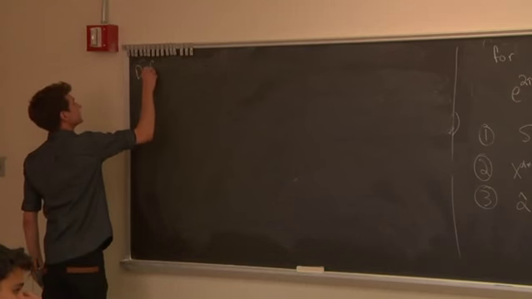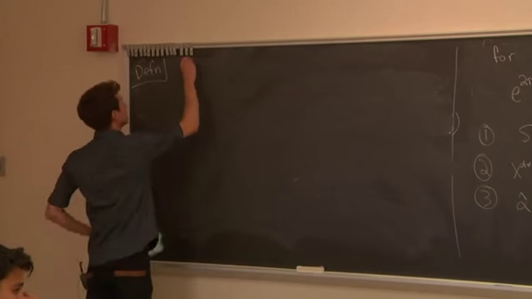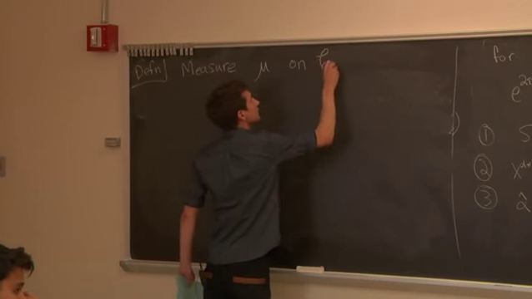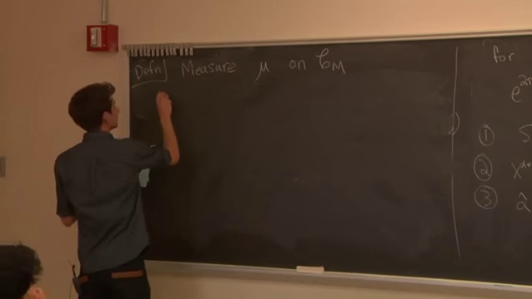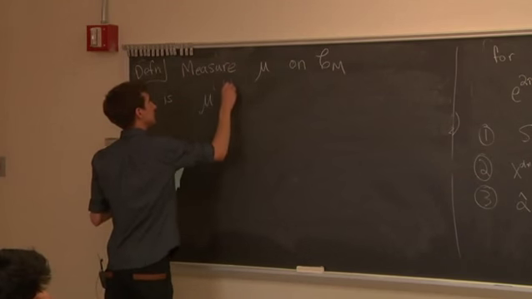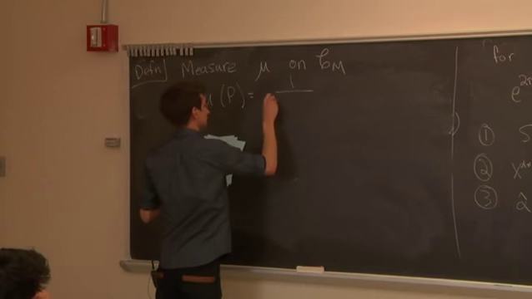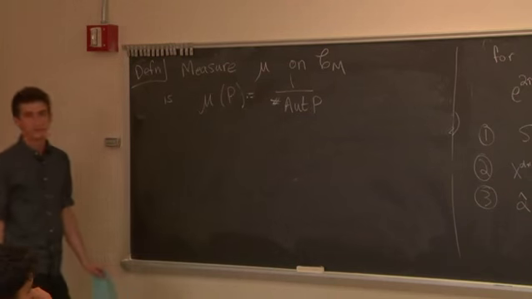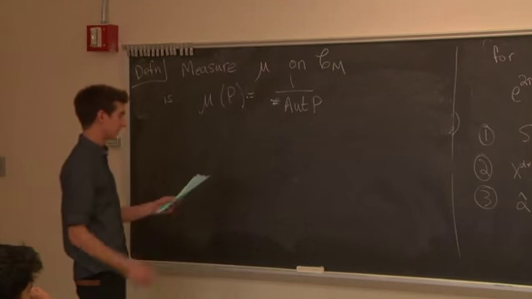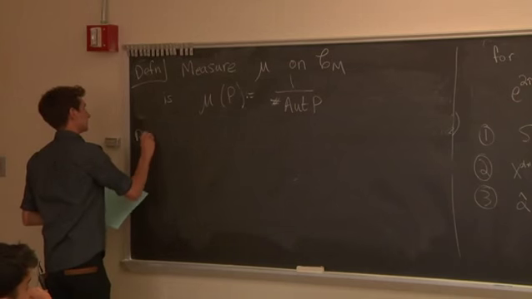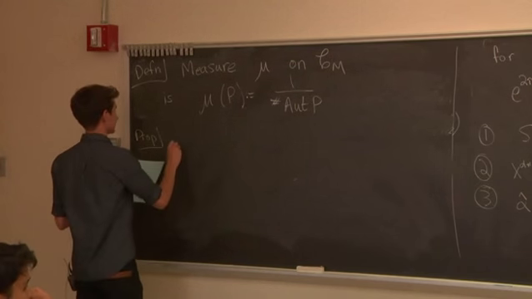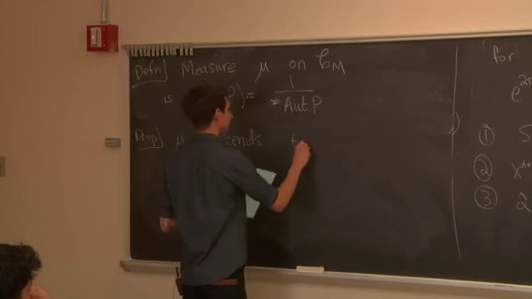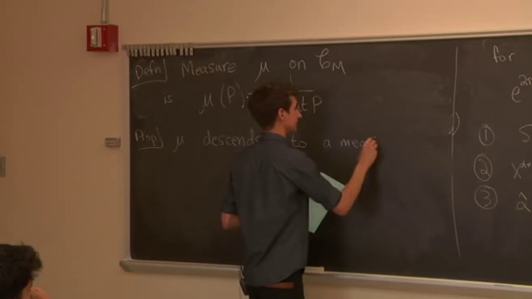Okay, so now the measure mu is given by one divided by the number of automorphisms of some bundle over M. And notice that if two bundles are isomorphic, they have the same number of automorphisms, so mu descends to a measure on equivalence classes.